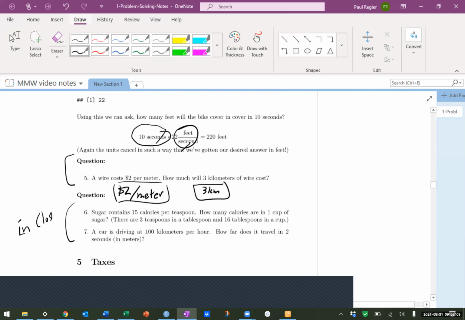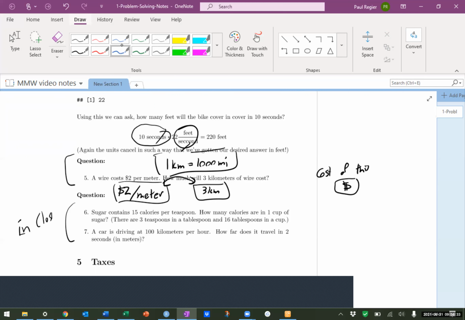And what do we want to get? We just want to get the total cost. So that's going to be the units of dollars. Okay, any other information we need to know? Well, to get from kilometers to meters, we need to know that 1 kilometer is 1,000 meters. Okay, so that's our other bit of information.